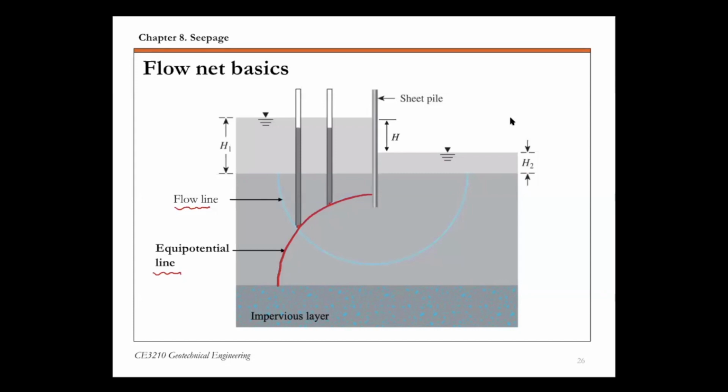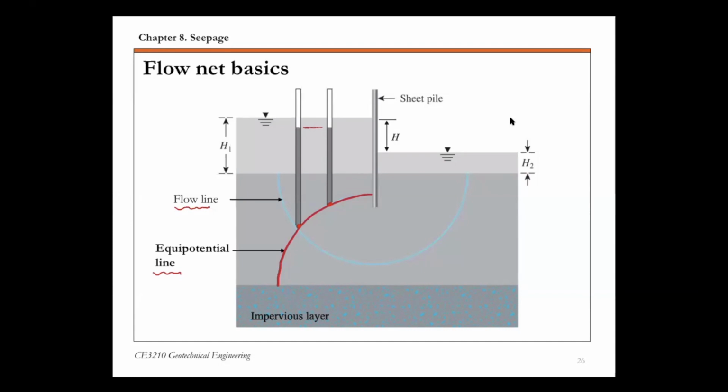Let's say these two points here. If you put two piezometers at these two locations, the water inside these two piezometers is going to rise to the same height because these two points possess the same potential. Remember, the total head is the height of the water inside the standpipe above your reference datum.